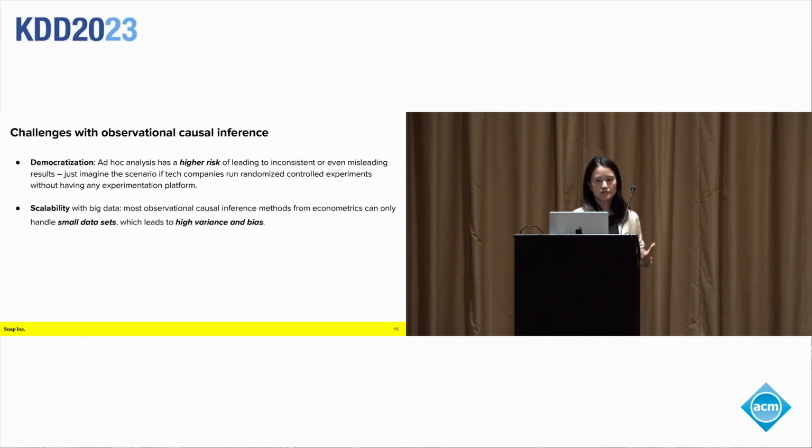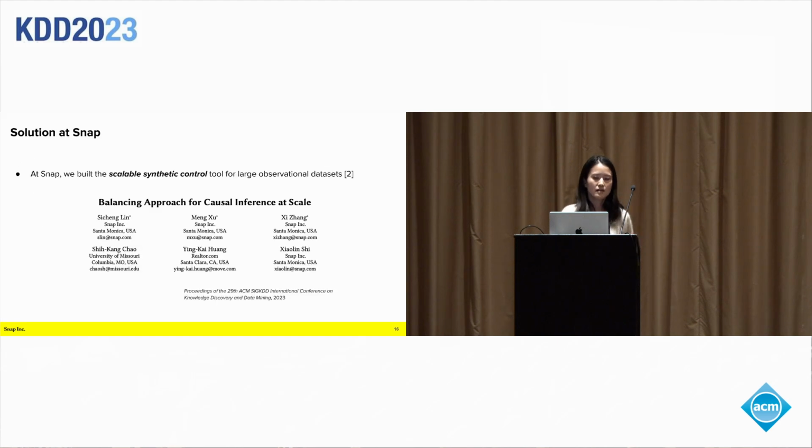Because of these reasons, building scalable tools or platforms for observational causal inference in industry is not a trivial problem. So at Snap, we built a scalable synthetic control tool to deal with this, basically for large observational causal inference analysis. This paper was accepted at KDD this year, and you are very welcome to check it out.